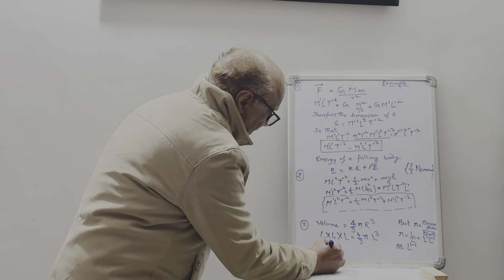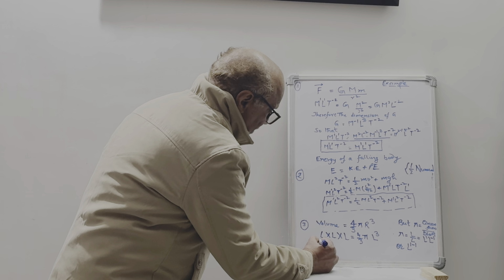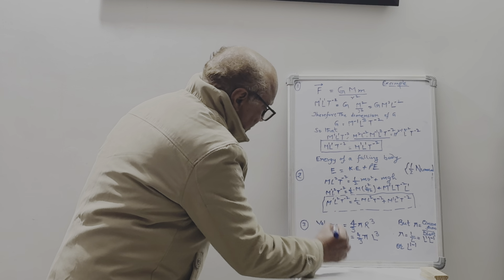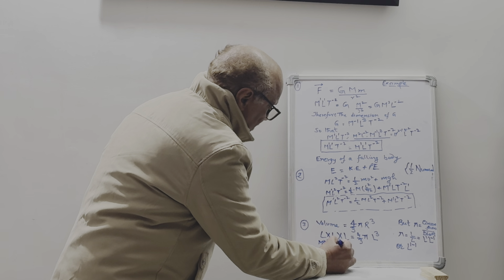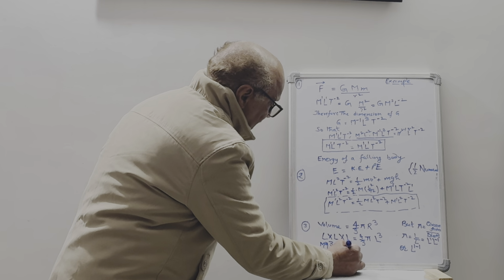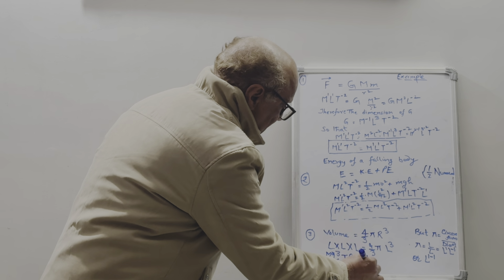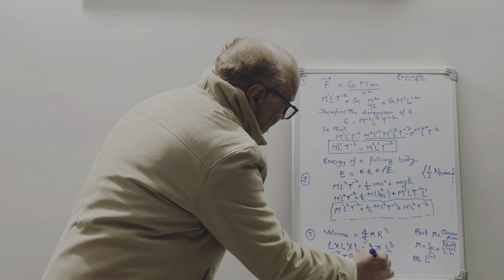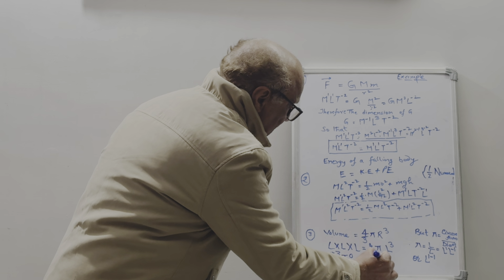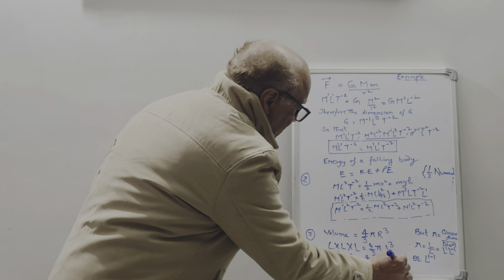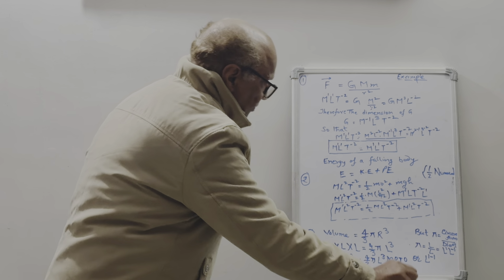Dimension is L3, and there is no M, so I put it M0, and T is also not there, so I'll put T also 0. Then 4 upon 3 pi, L3 and M0 and T0.